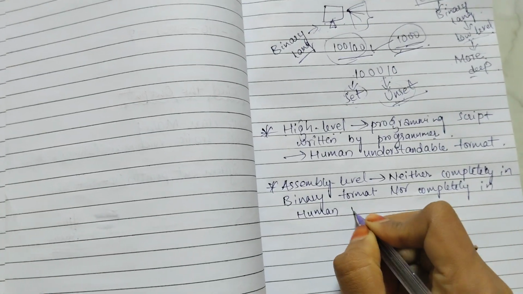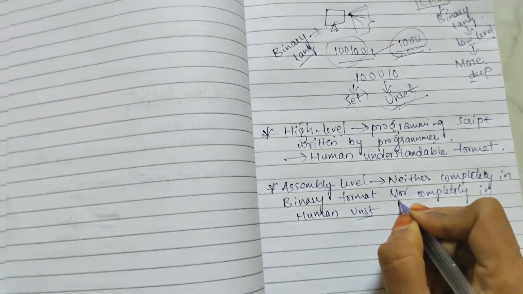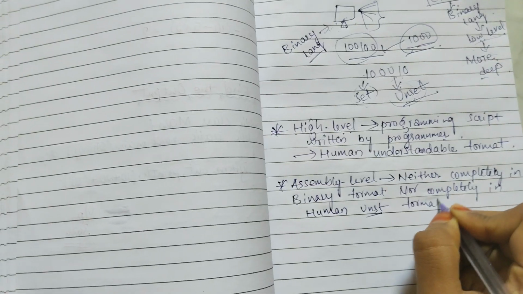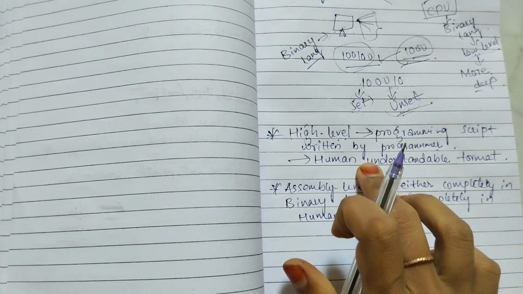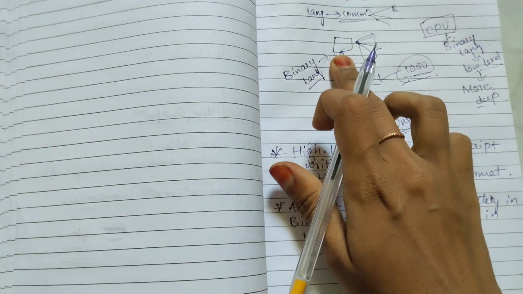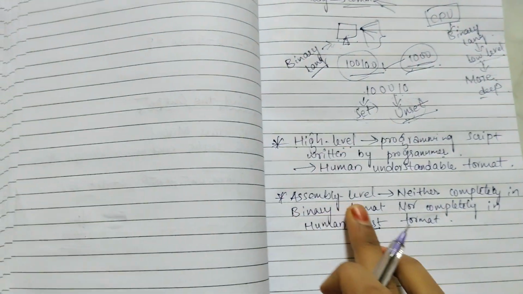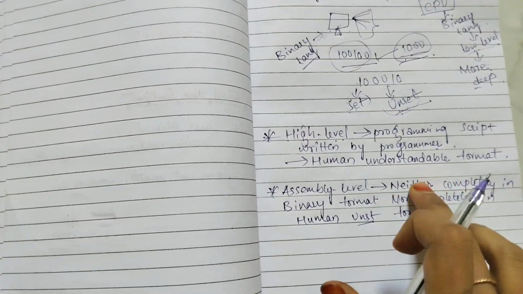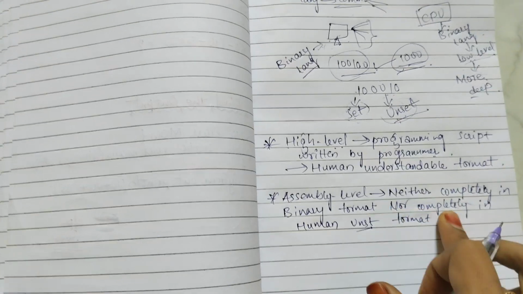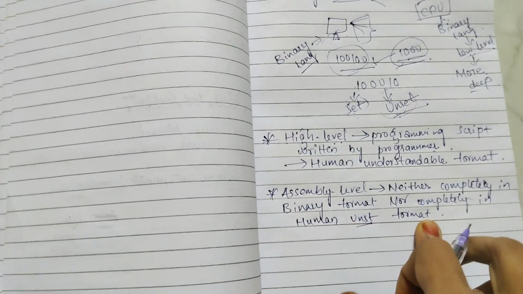Clear? Whatever script we write in the high level language, the computer doesn't understand it. That's why we need assembly level language, which is neither completely binary format nor completely human understandable format.